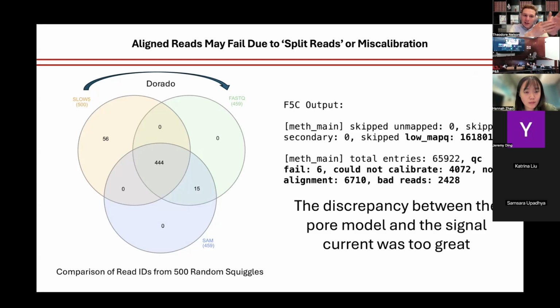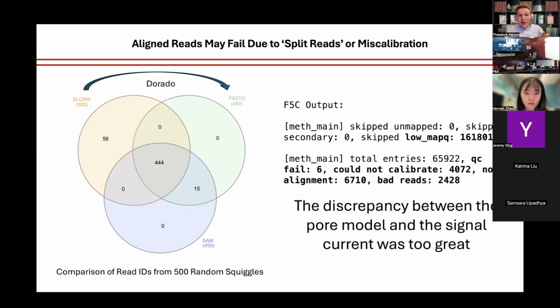When the Dorado base caller takes in a signal, it will actually search that signal for the Oxford Nanopore specific adapter sequences that are in front of the poly A tails. Typically these get chopped off, and you would only expect one adapter hooked onto one poly A tail and then an RNA molecule.